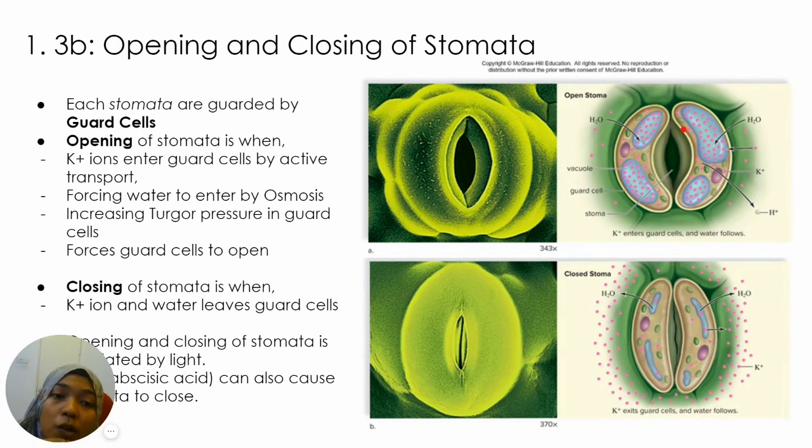Well, the stomata open when the K+ ions, here the pink things, enter the guard cells through active transport, hence causing water to also enter the guard cells through osmosis and creating turgor pressure at the guard cells, forcing them to open.